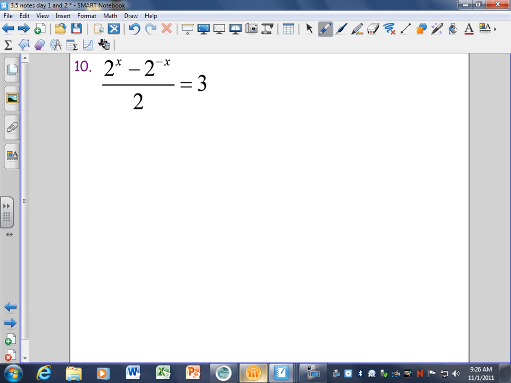Yeah, definitely, let's make it not a fraction. This is ugly enough as it is. So I'm going to multiply both sides by 2. And when I multiply this side by 2, the 2's cancel. And I'm left with 2 to the x minus 2 to the negative x equals 6.